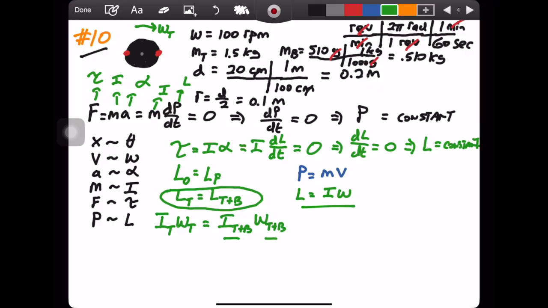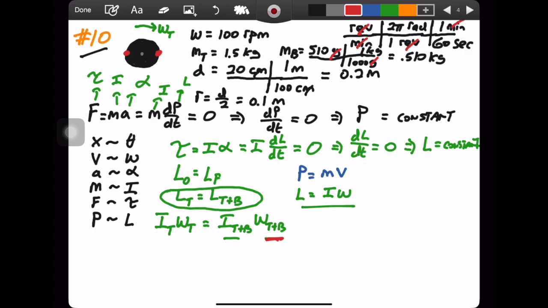And more specifically, this problem wants us to solve for the turntable's angular velocity in RPM just after the event. And again, the event is when the two masses fall and stick to the turntable. So we want to solve for this right here.